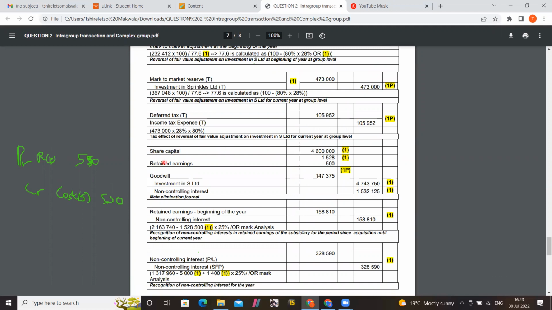That is equal to 6,128,500, right? And then you multiply that by the non-controlling interest, which is 25%, which gives us this amount. I hope that was clear.